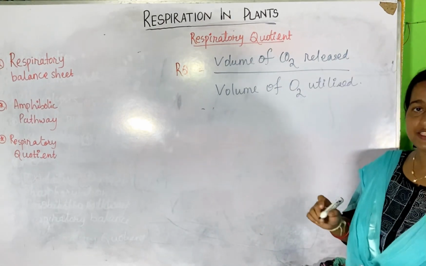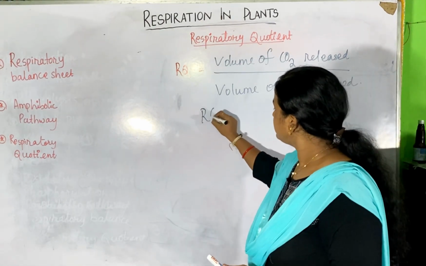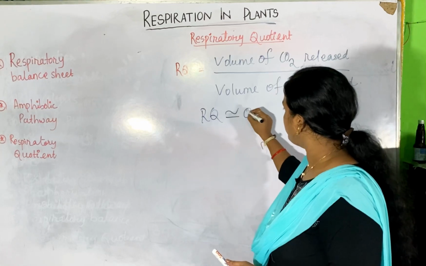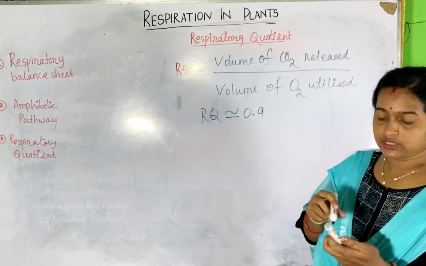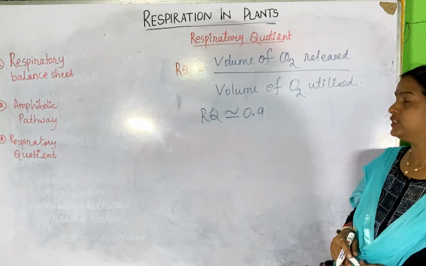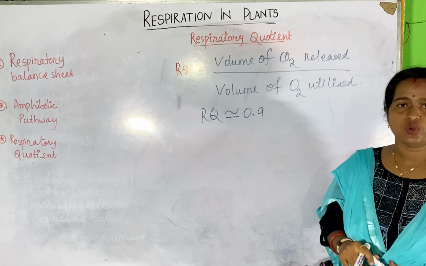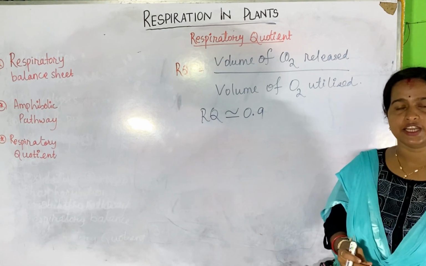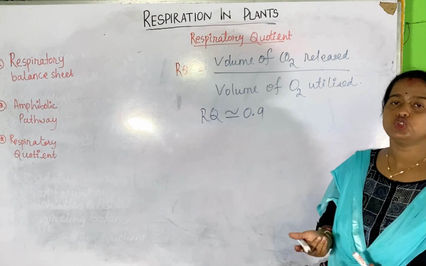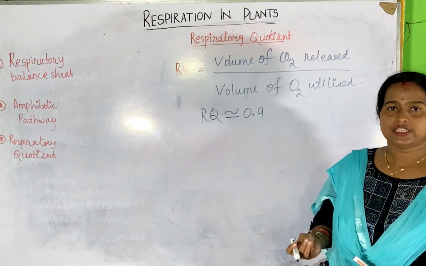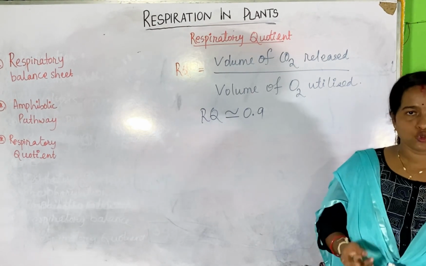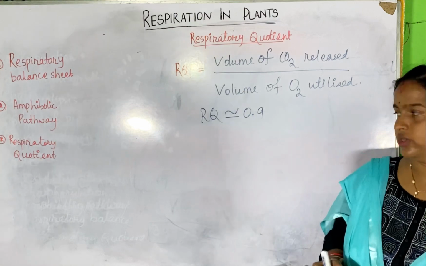For the proteins, the respiratory quotient is nearly equal to 0.9. And the respiratory quotient can be 0 in the case of succulents. They do not evolve carbon dioxide during the night time when the stomata are open, because that carbon dioxide is used for fixation of carbon.